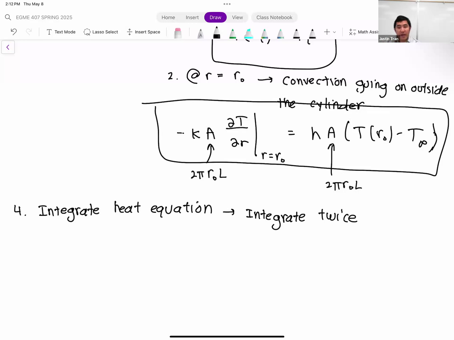You may have to do a little bit of algebra in between the integrations just because of the nature of the equations. And so after you integrate your heat equation, you're going to get some function T of r.